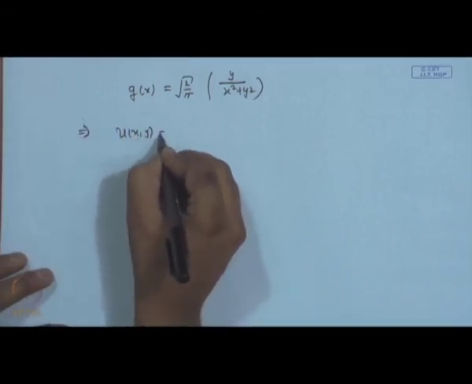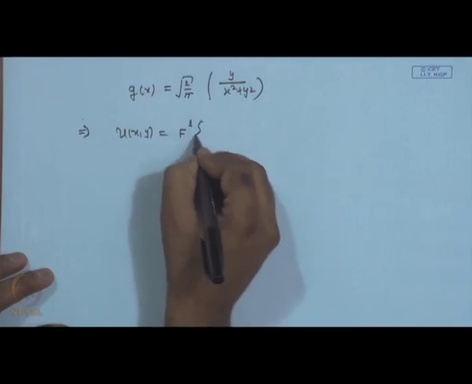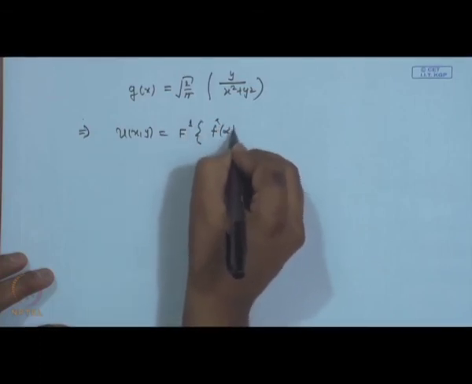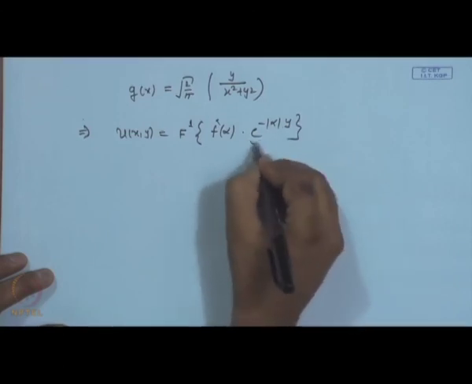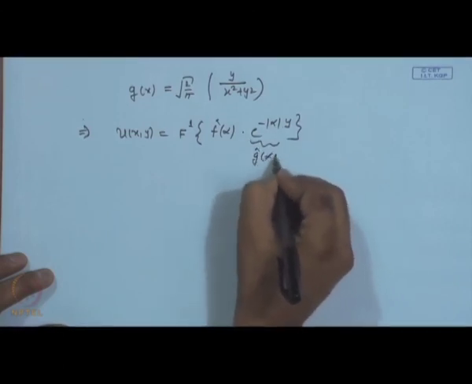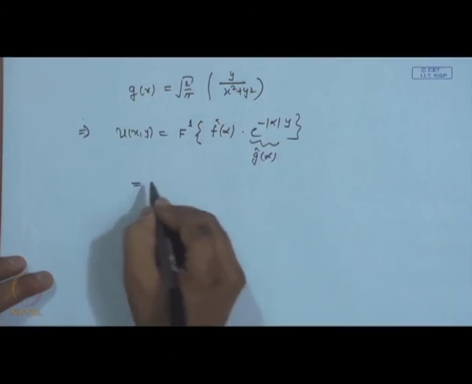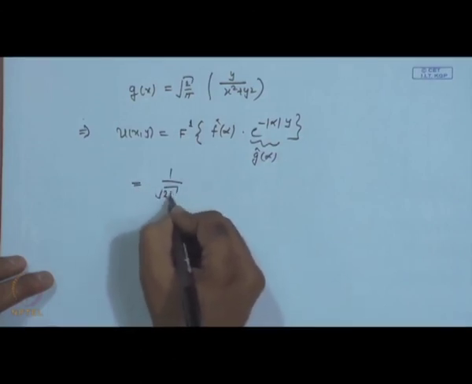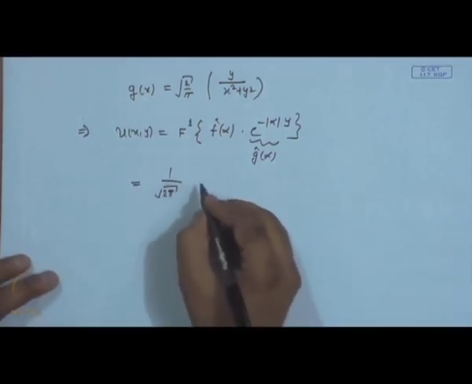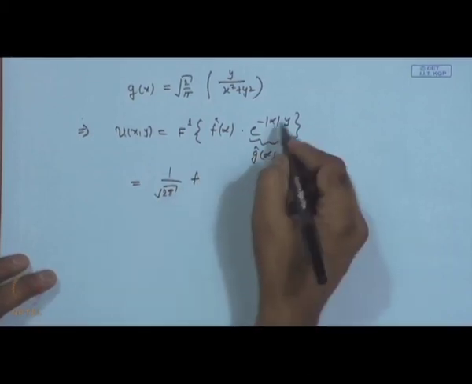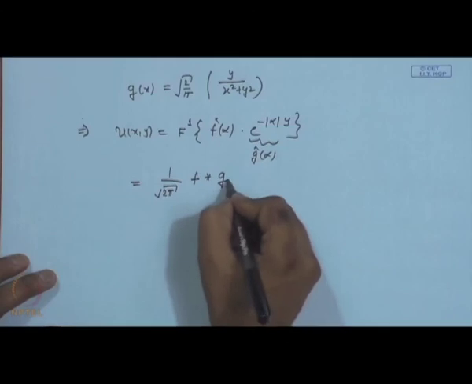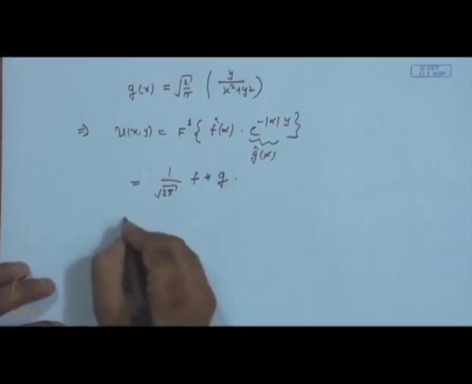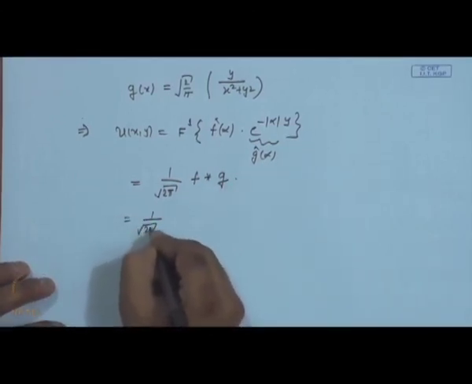Now we go back to the solution, and that is the Fourier inverse of f̂(α) e^(−αy). So this was ĝ(α), and this is f̂(α). By the convolution theorem we have 1 over square root 2π, and we have the convolution of f and g.